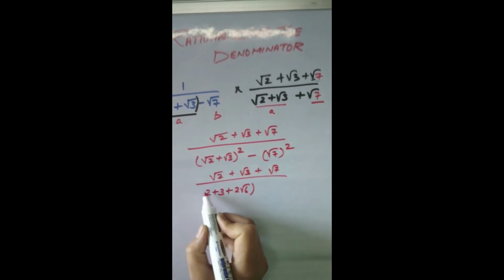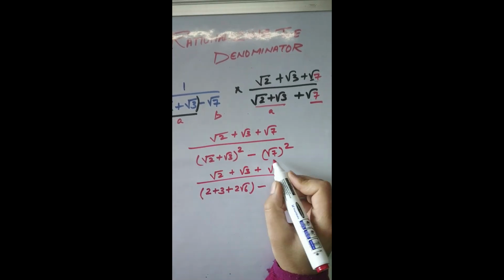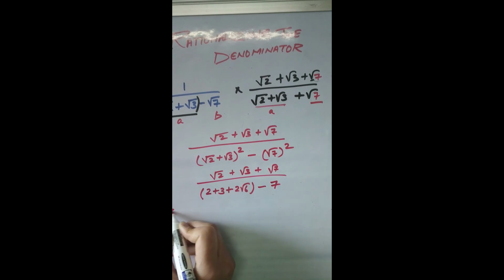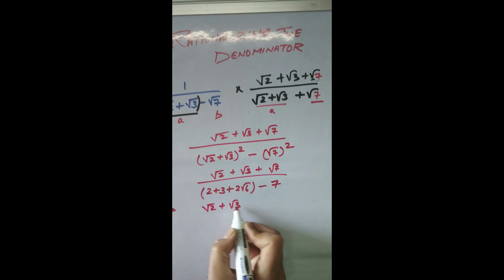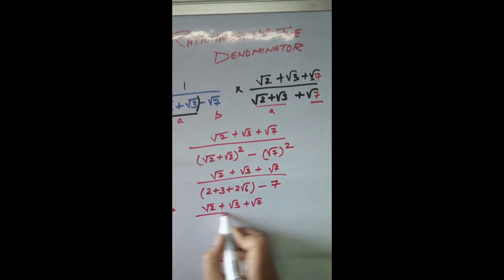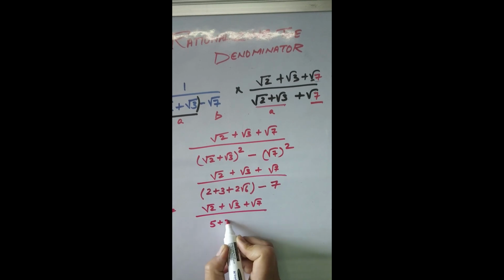So I'm putting this in the bracket because this is the expansion of this. Now minus root 7 square which is 7. Okay, so this is gonna be root 2 plus root 3 plus root 7 over 5 plus 2 root 6.